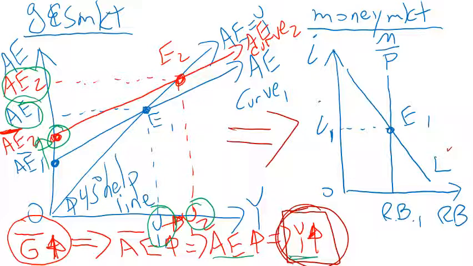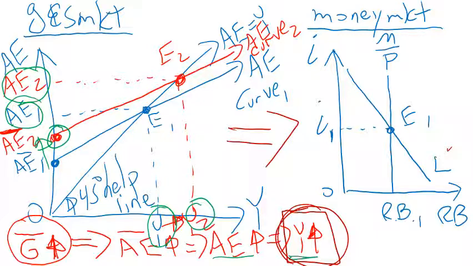Well, what determines money demand? Demand for money, for liquidity by consumers, firms, the government, and foreigners. And by foreigners, we mean foreign consumers, foreign firms, foreign governments.